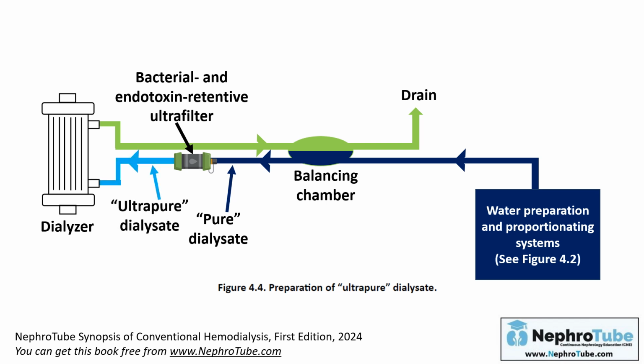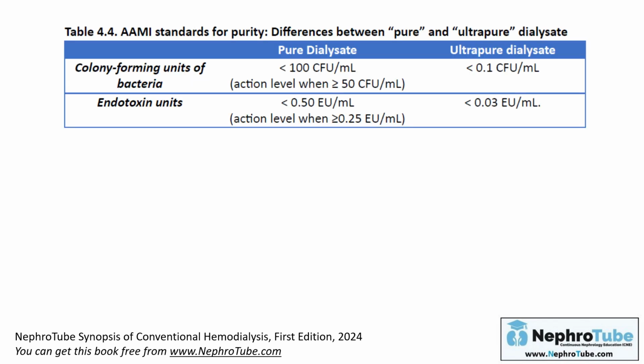This filter will form the ultra pure dialysate. So what is the difference in the standards of purity of the pure and ultra pure dialysate? Regarding the colony forming units, the pure dialysate is accepted to have colony forming units less than 100 and the action level is more than or equal to 50, and the endotoxin units less than 0.5 and the action level if the endotoxin units are more than 0.25.